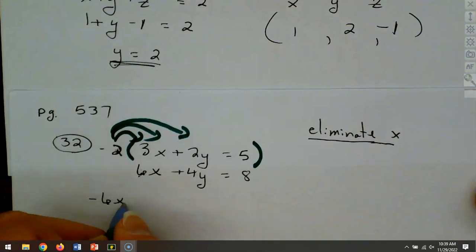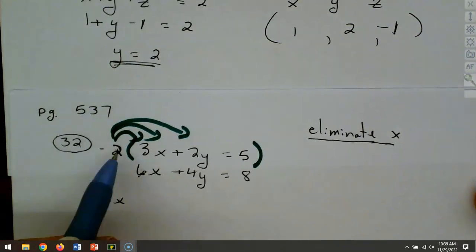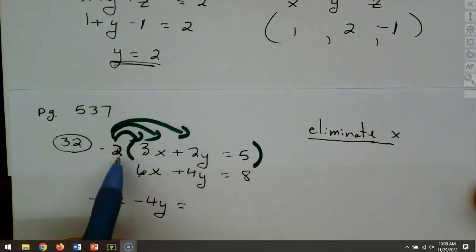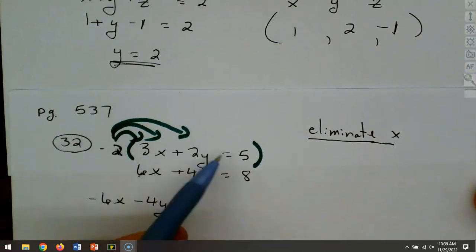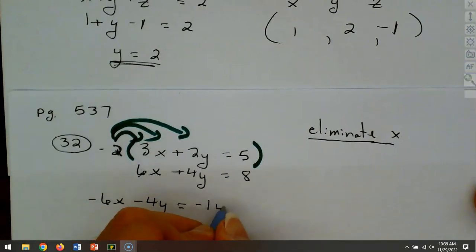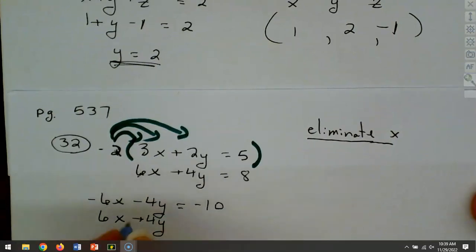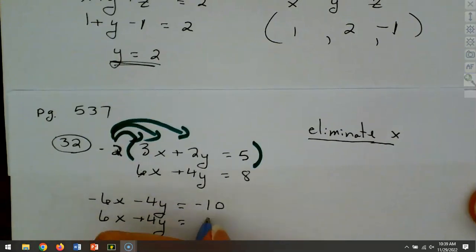And so that is a minus 6x, a minus 4y, equals a negative 2 times 5. Well, that is a negative 10. Now, the second equation stays the same. 6x plus 4y equals 8.